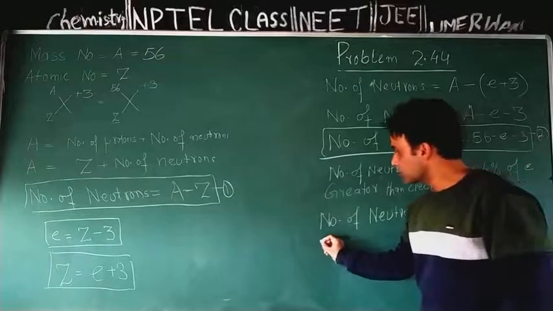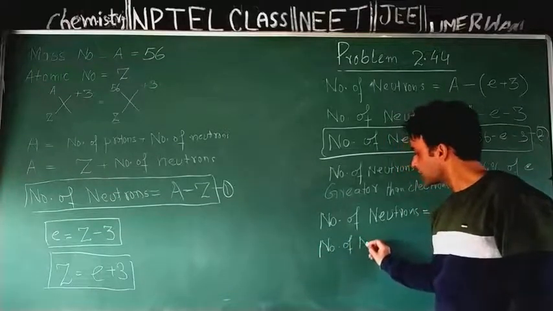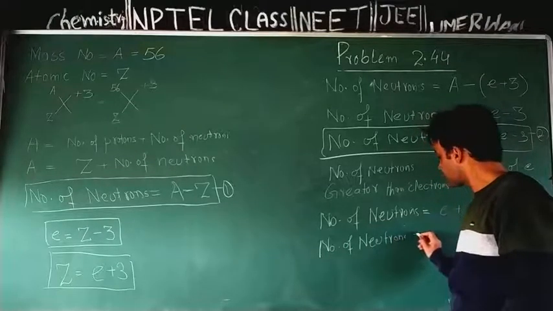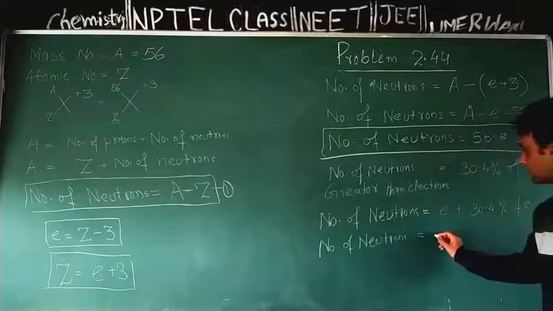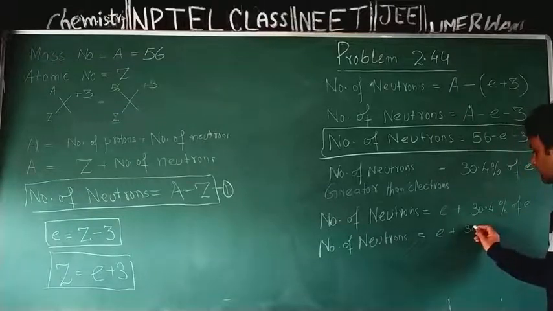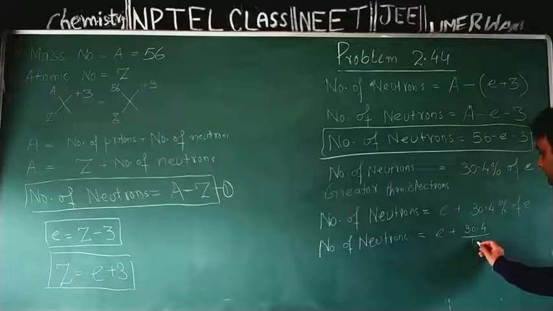So number of neutrons will be equal to E plus 30.4 divided by 100 of number of electrons.